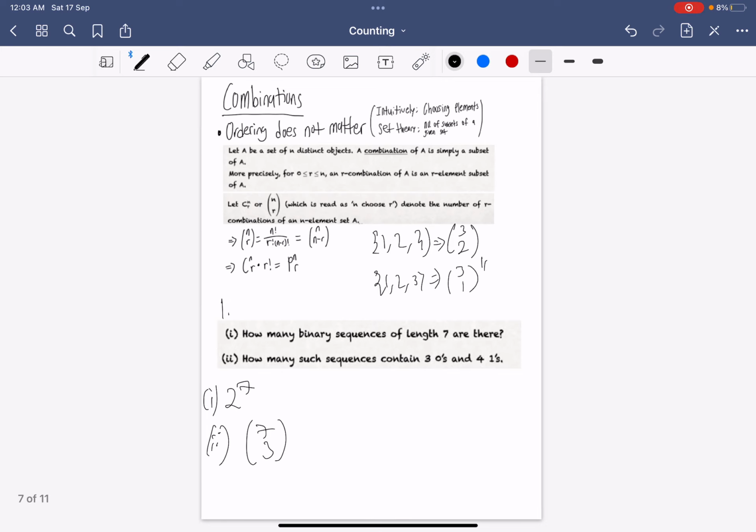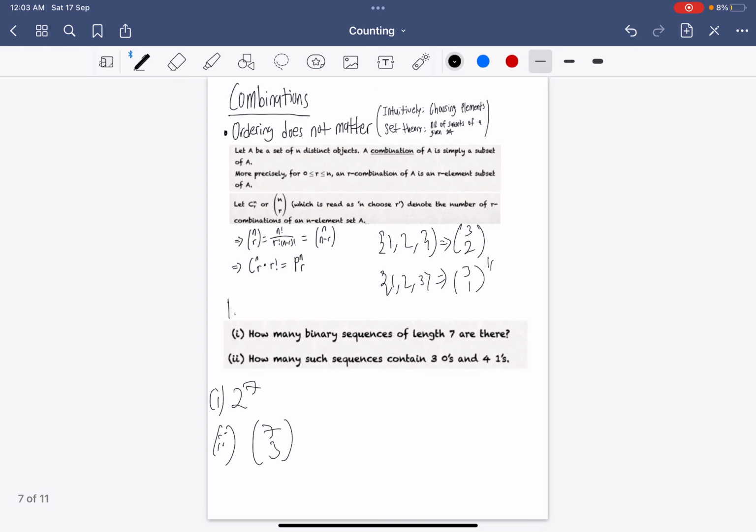Furthermore, you can see that if we want to permute and arrange these r elements, it is just going to be r factorial. Since we have exactly r elements now and we want to arrange them, you've got r choices, r minus 1, all the way to 1. And the total number of ways is r factorial. And then since you previously chose them, it's from n choose r. And what does this give?